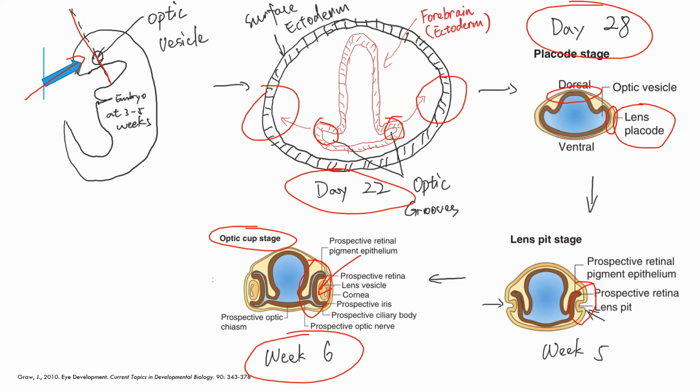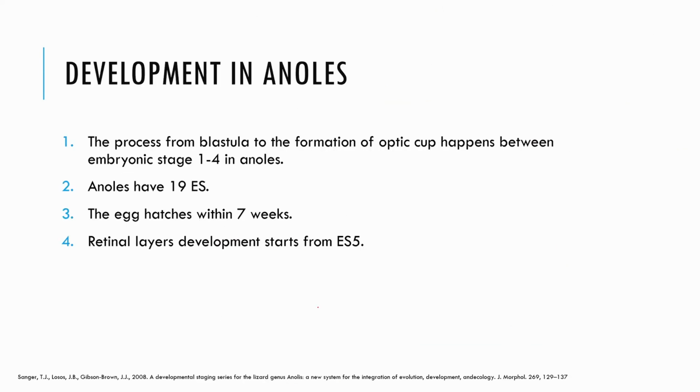And this cup is related to our main characters in the story because there are 2 layers. The inner layer here will later on form the retina, and the outer layer will later on form the retinal pigment epithelium. So the process from the blastula to the formation of the optic cup usually happens between embryonic stage 1 to 4 in green anole when the egg is still not laid.